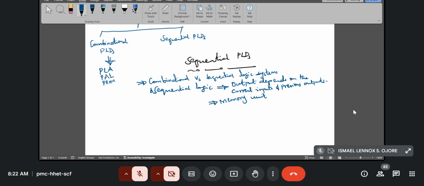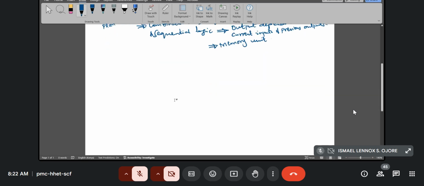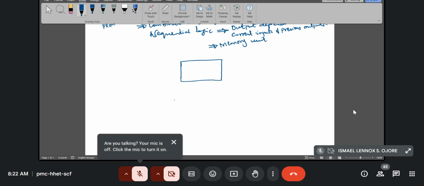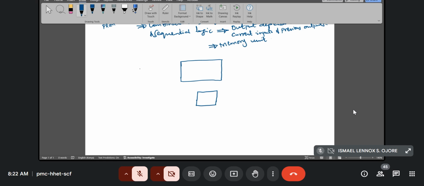So essentially, sequential logic is combinational logic, but now we have a feedback path through the memory unit. If we were to depict that in a diagram, a sequential logic circuit would have something of this nature.